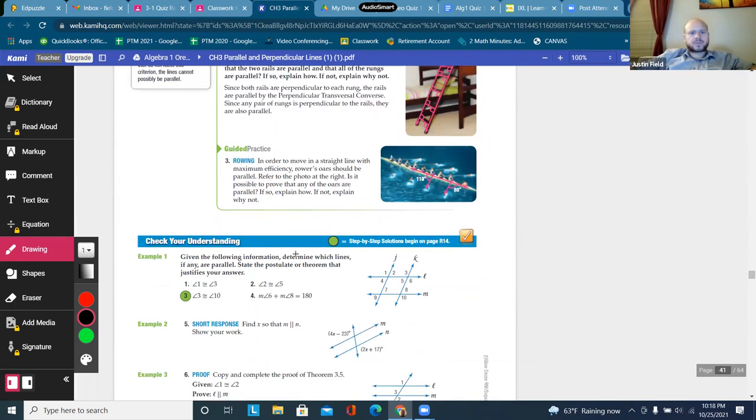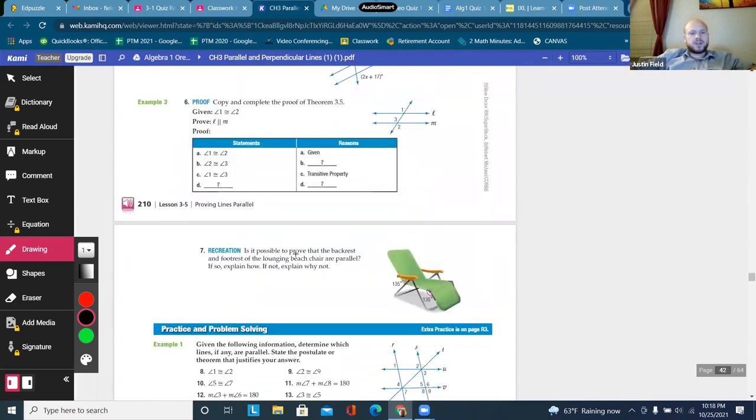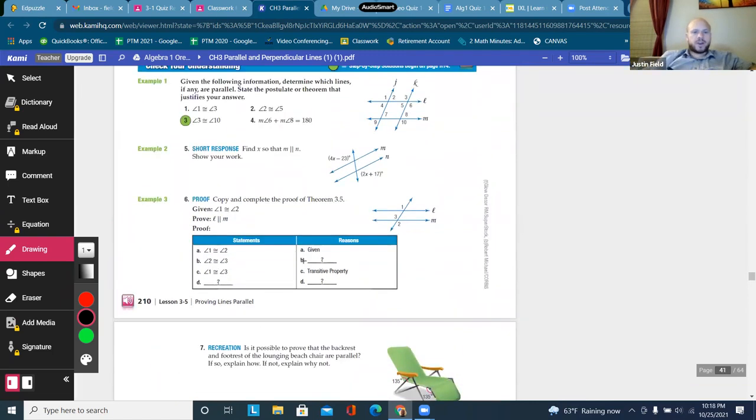Okay. So let's do this check for understanding problem right here. We want to prove that L is parallel to M here. And we have the information that angle 1 is congruent to angle 2, which is given. But also we could say 2 is congruent to 3.